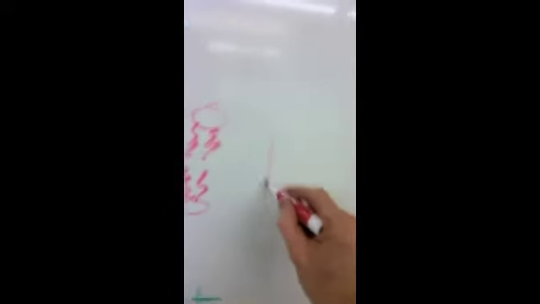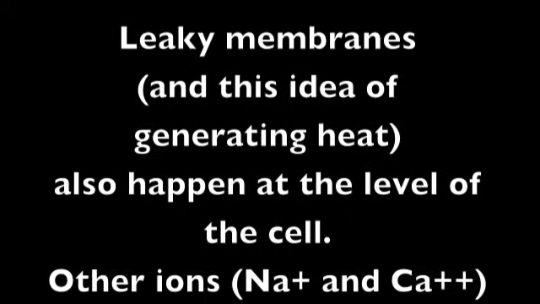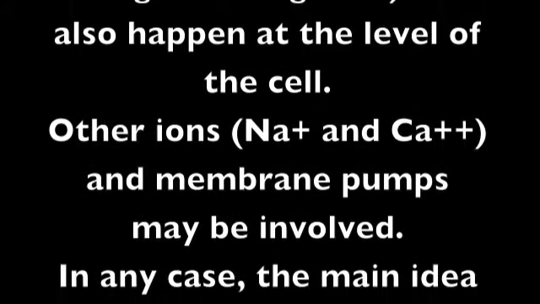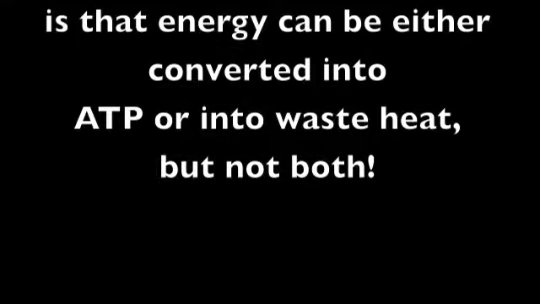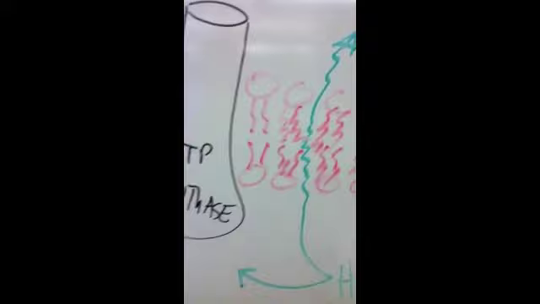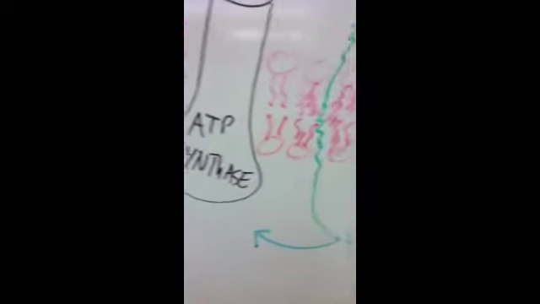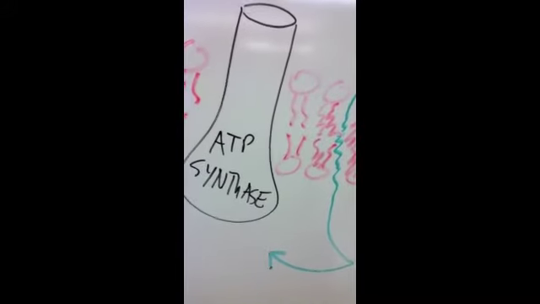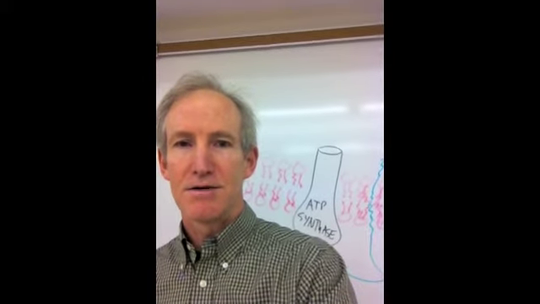That leads to an increase in temperature. All right. Well, what else is going on here? We haven't made any ATP because the hydrogen ions are not going through the proper channel. Okay, so it looks like the membrane is not quite doing its job.